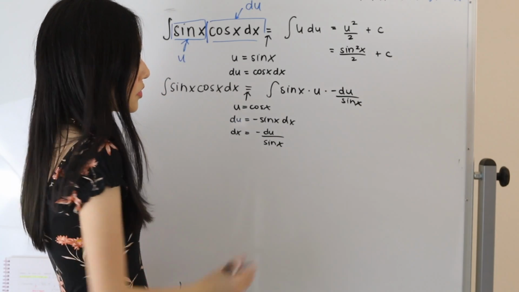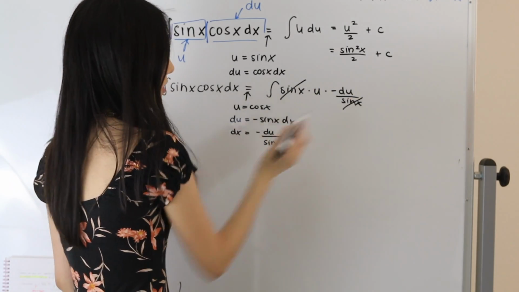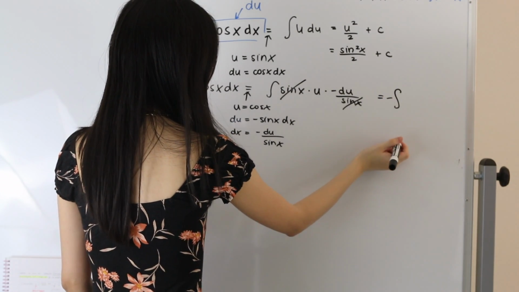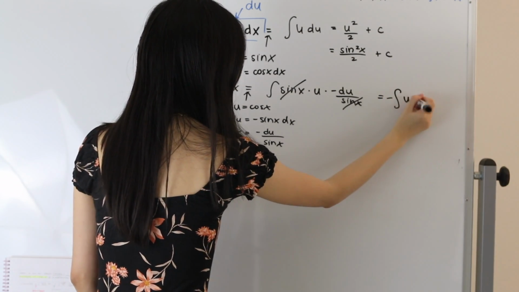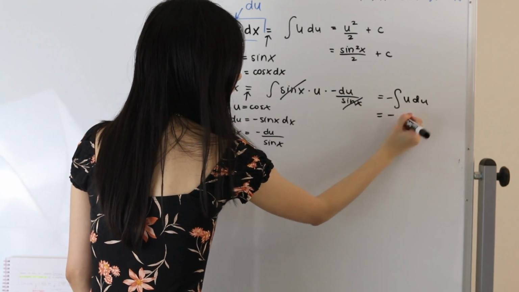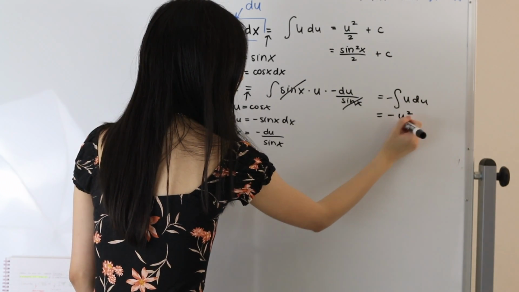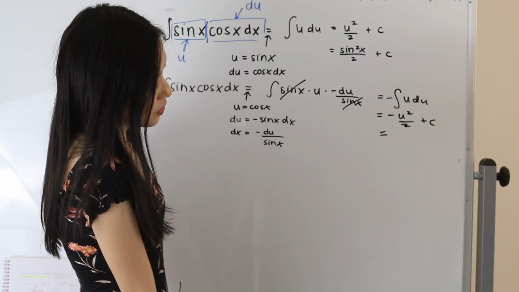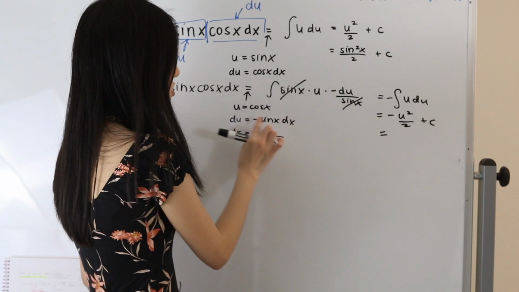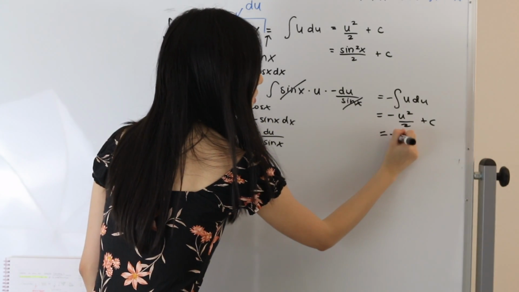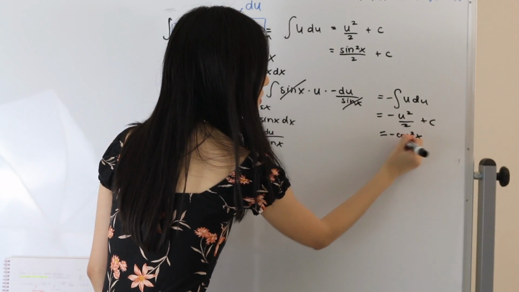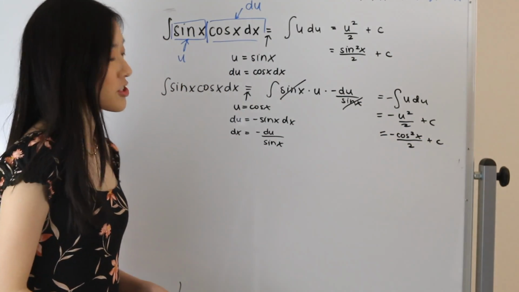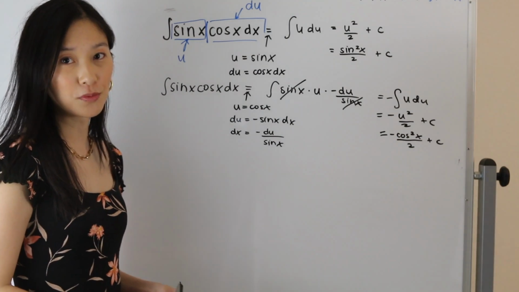And so these sines cancel out, and we are left with the negative integral of u du, and this becomes minus u squared over 2 plus c. And then let's plug in u, which is just cosine of x. Okay, and then we get our final answer, which is minus cosine squared of x over 2 plus c.